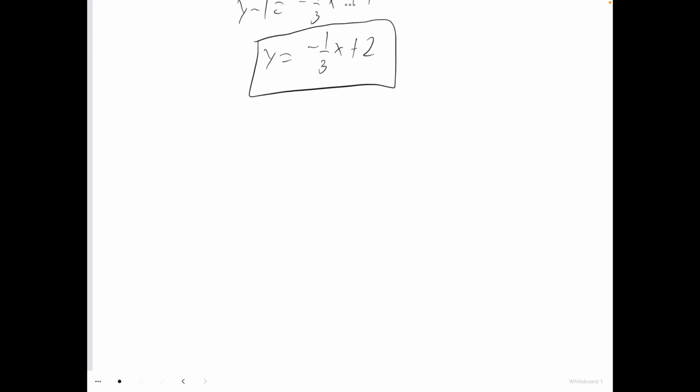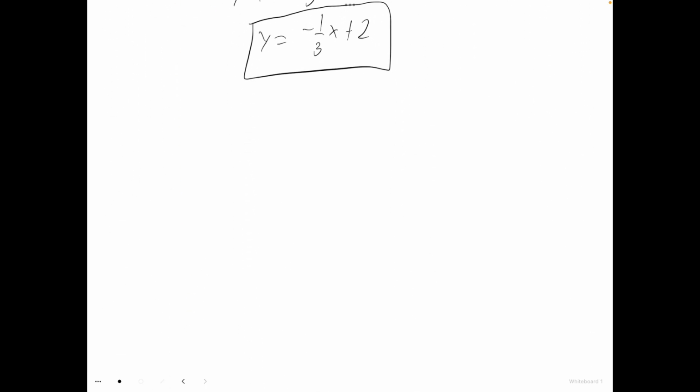And so now we want to consider another situation. This is how we deal with finding lines, but we want to look at rates of change in another situation.